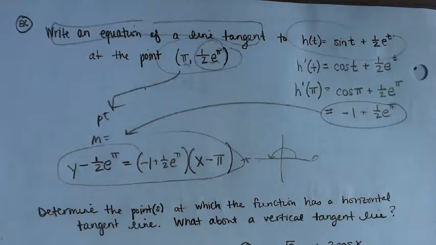So you want to get used to having to manipulate a little bit in search of a target answer. This one's fairly ugly. I don't think I can think of any multiple choice that I've seen this gross with a slope that ugly. So I would say not likely.